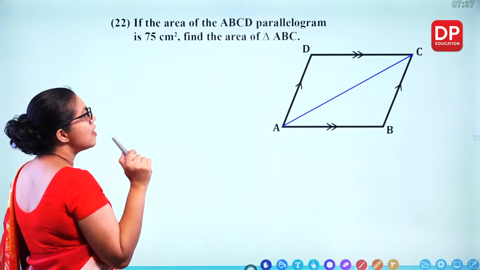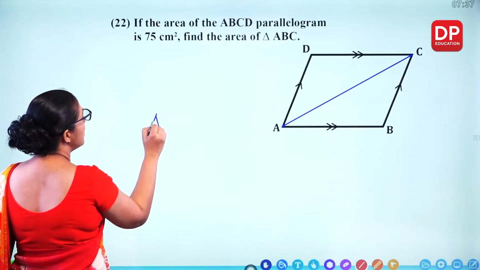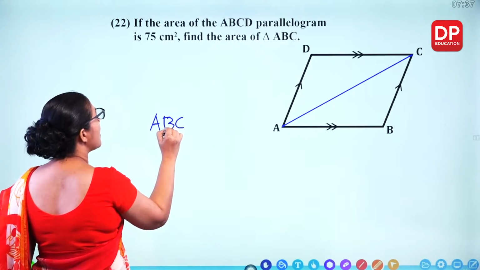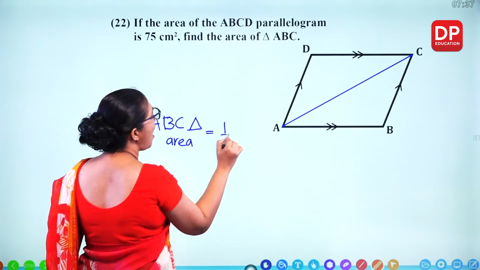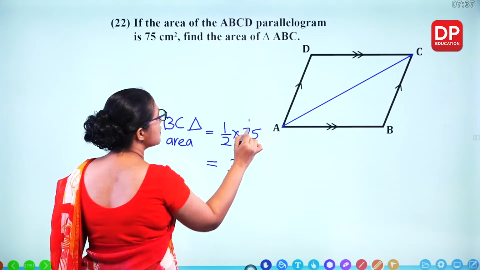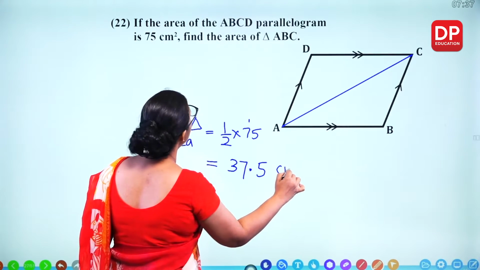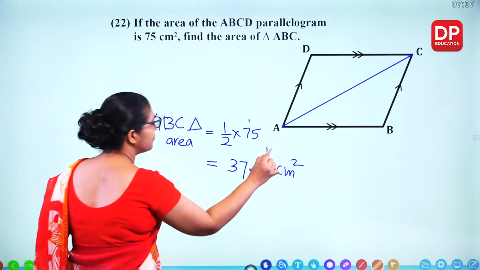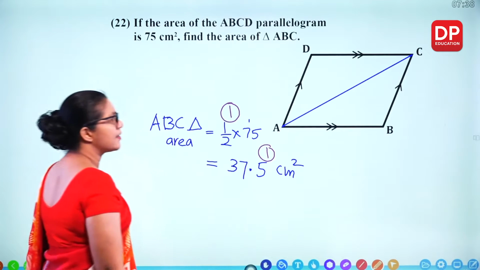So if the full area is 75, the area of the triangle ABC or the other side, both are half of that. Half of 75. So 75 divided by 2. 2 times 3 is 6. For 15 that's 7. And for 10 that's 5. 37.5 square centimeters is the area of the triangle. 1 mark for identifying this is half of that.